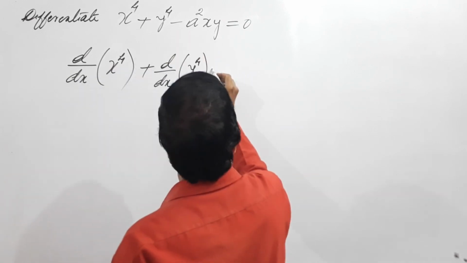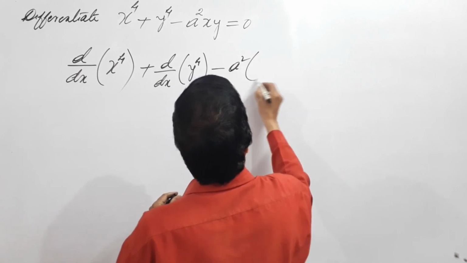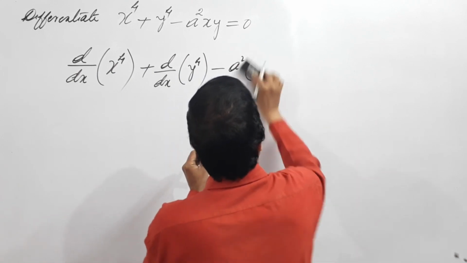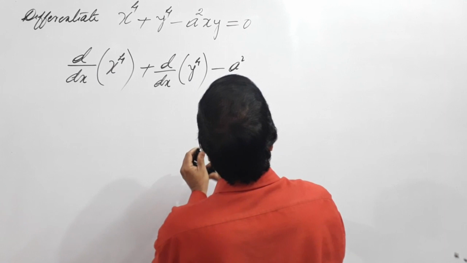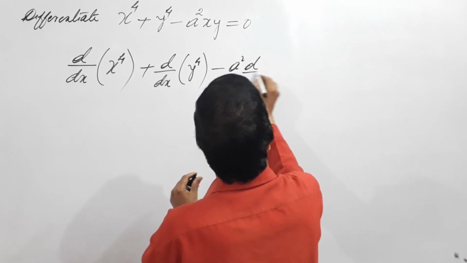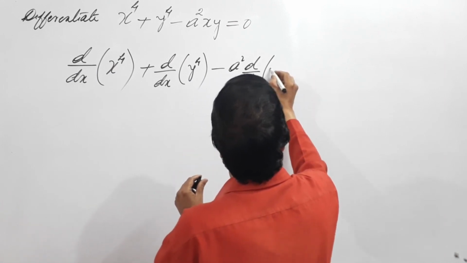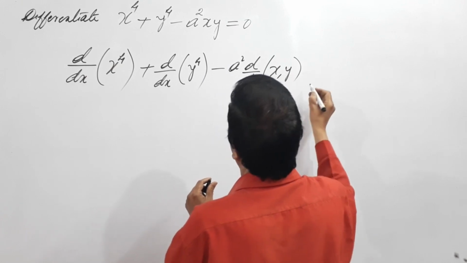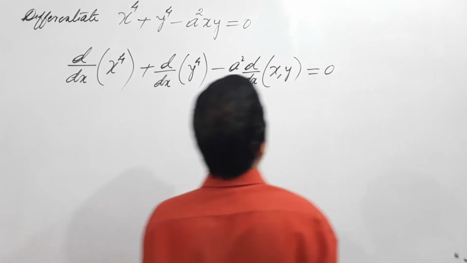I'll take this a square outside, minus a square into d by dx of xy equals to 0.